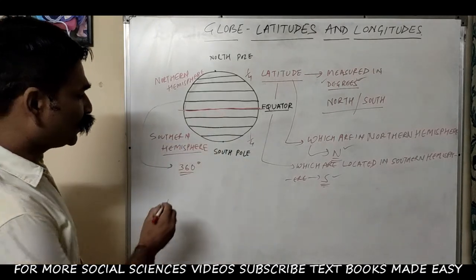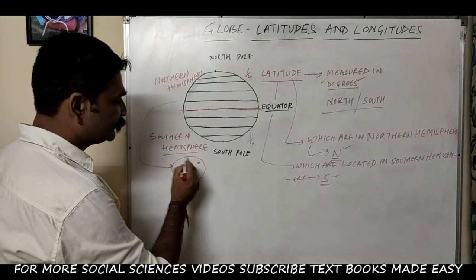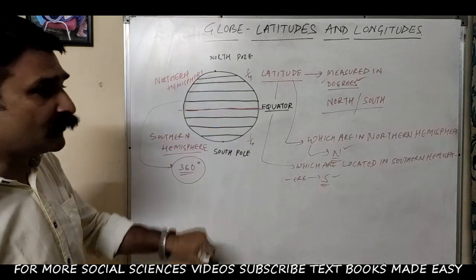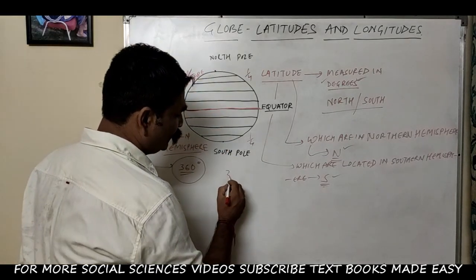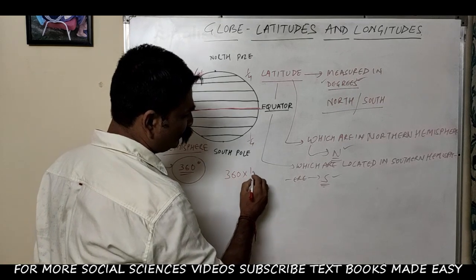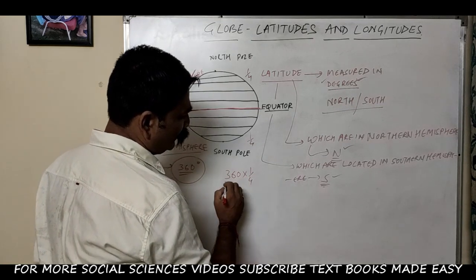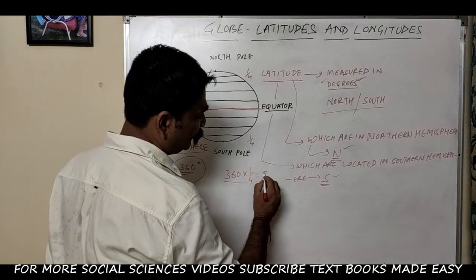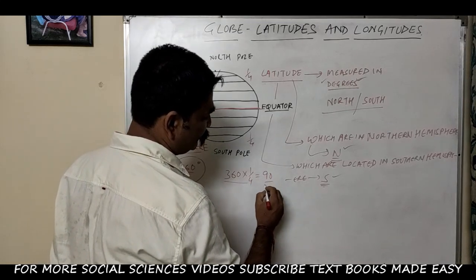Okay, so the total Earth is 360 degrees. Now we talk about this 1/4. Fine. So if the total Earth is 360 degrees, what would be 1/4 of the Earth? It will be 90.